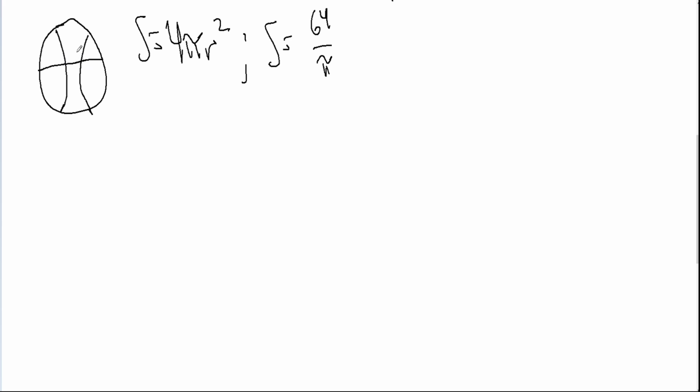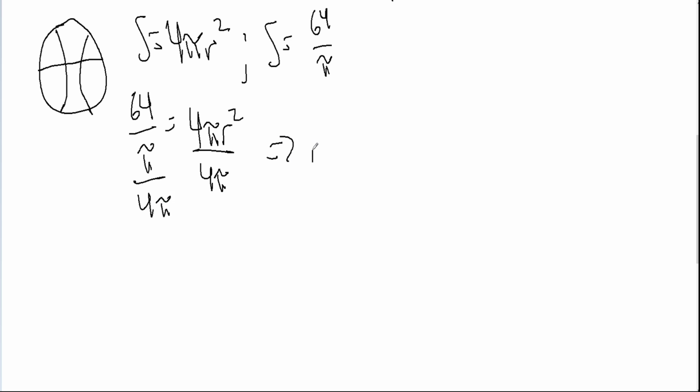Okay, so what I can do is substitute in my value for the surface area. So I'll have 64 divided by pi, which is equal to 4 pi r squared, and then I can divide both sides by 4 pi, and that will give me r squared is equal to 16 divided by pi squared.